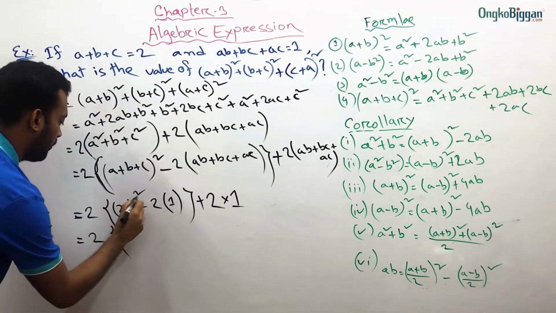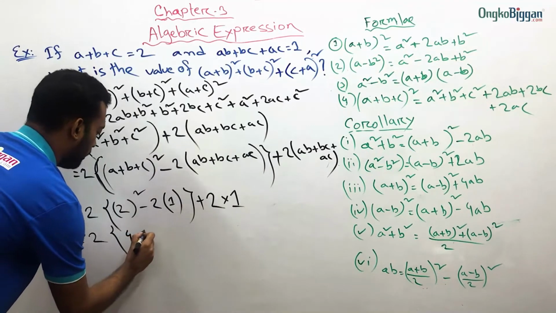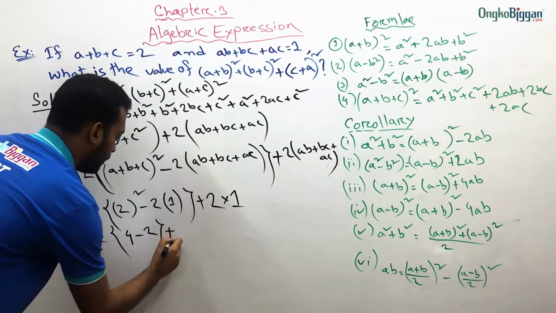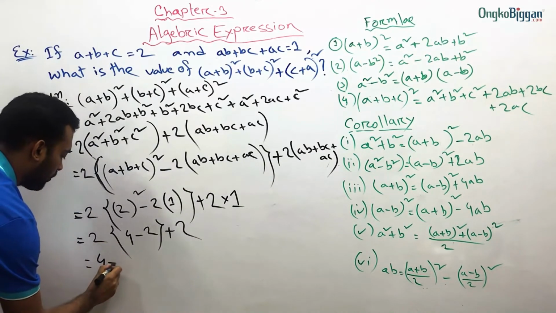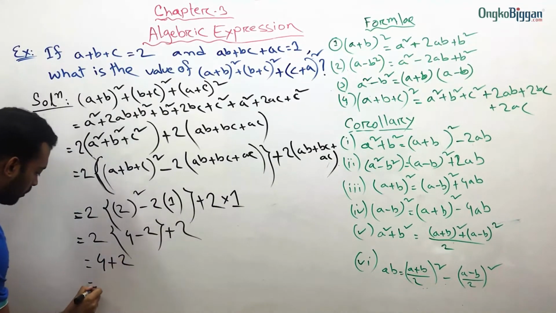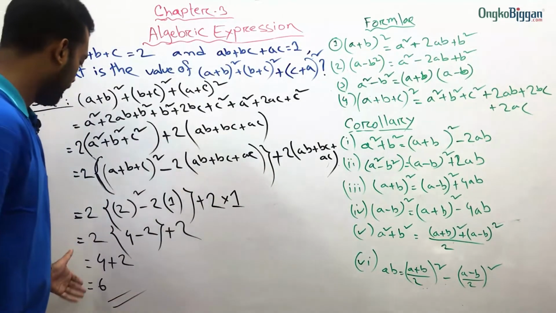So here 2 square is equal to 4, minus 2 times 1, which is 2, plus 2 into 2 is equal to 4, so 4 plus 2, 6. So that's our answer, 6.